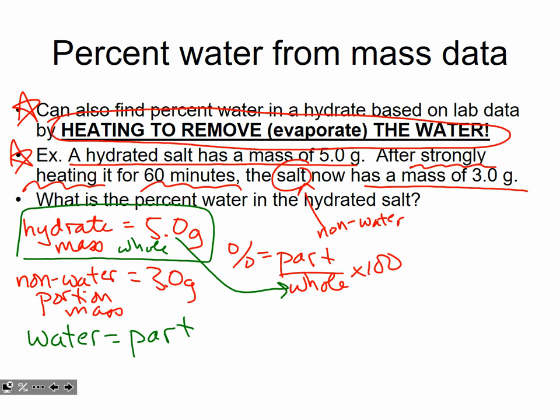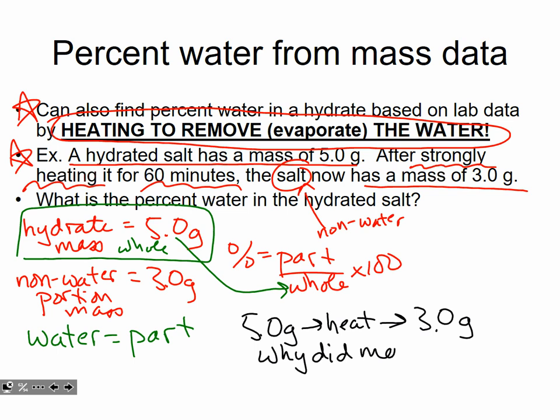So thinking about how we're going to get the mass of the water, what happened in this problem? Well, we started with a mass of 5 grams, then we heated it, then the mass went to 3 grams. So why did the mass go down? The answer is because the water evaporated. The water left.